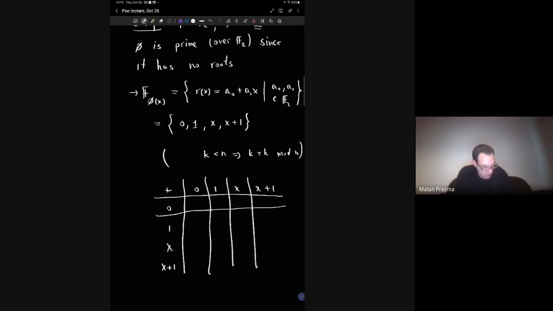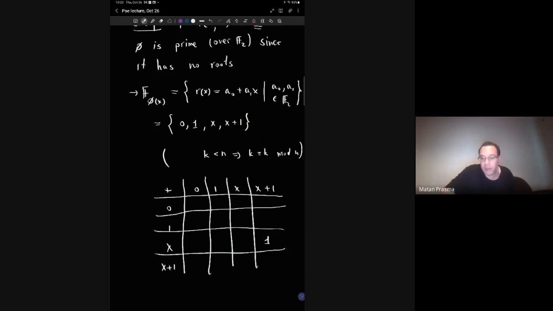You would get, for example, if you do x plus 1 plus x, then this is 2x plus 1, but 2 is equal to 0, so this is 1. Okay? And you can fill in the addition table.